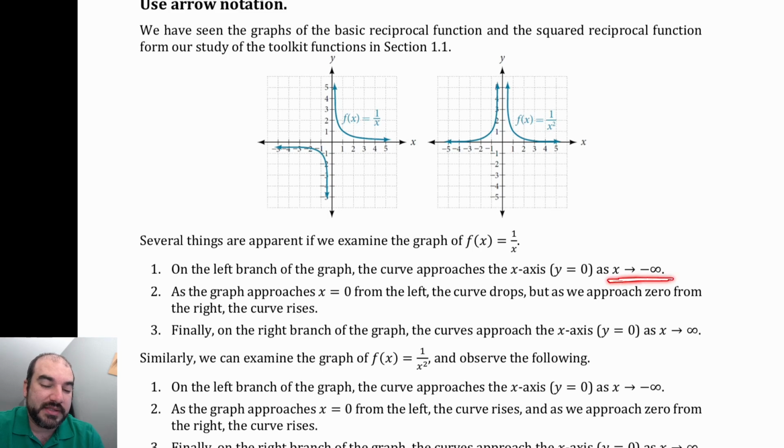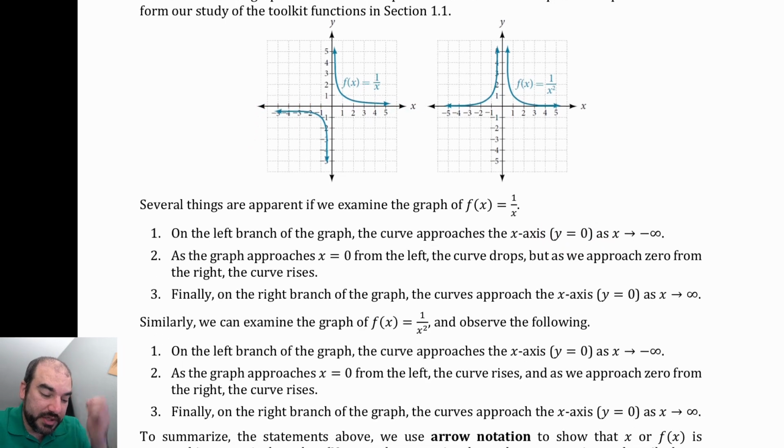If it says x arrow negative infinity, that means as x approaches negative infinity, we're moving towards the left on this blue graph. And as I move left on this graph, I see that my y values approach this horizontal line at y equals 0. Right, so that's our arrow notation.